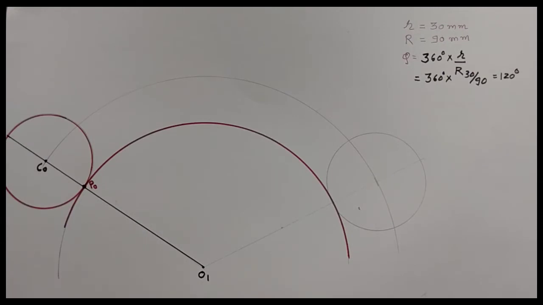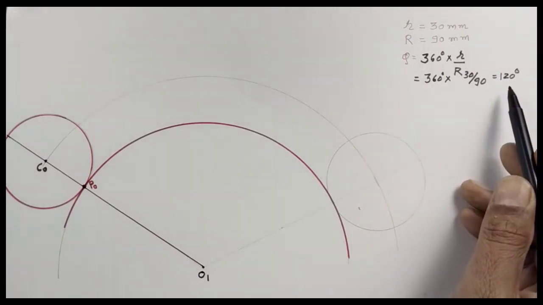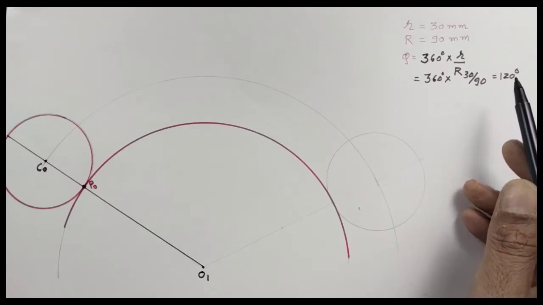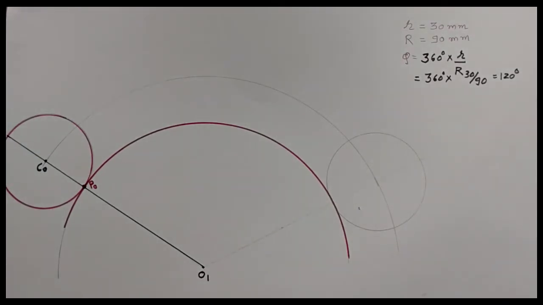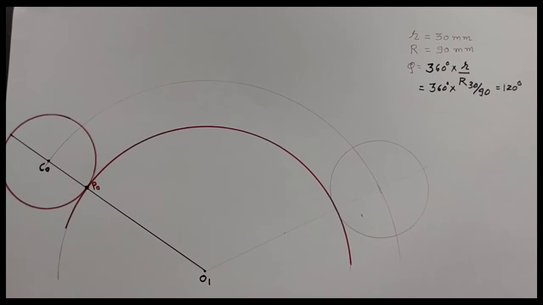Now take the 120 degrees, whichever answer you got here, and draw the inclination line with your initial position.